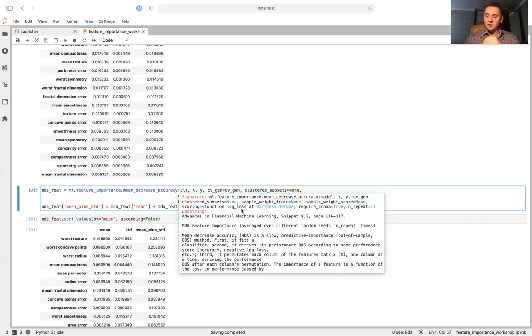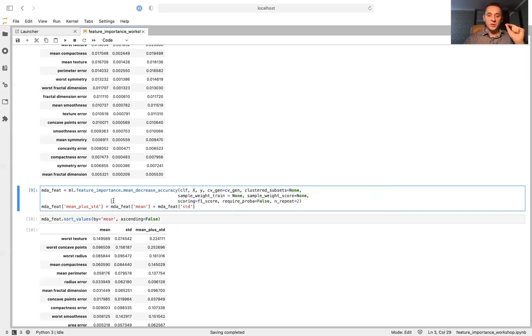If you pass a function such as log loss, which requires probabilities to measure the value of the function, you should also specify require proba equal to true. As we use in our data set F1 score, which does not require probabilities as input to a function, require proba equals false.